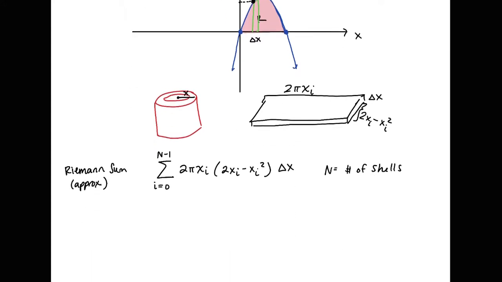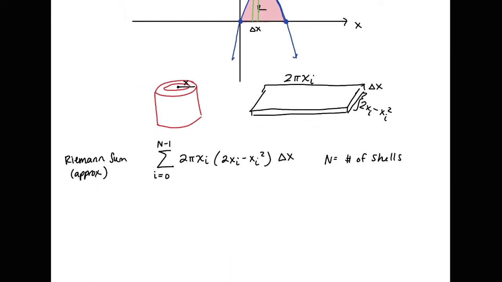Let's go ahead and find the exact volume for the solid, and that will be given by an integral, which is the exact. Okay, so what happens to get from a Riemann sum to an integral? We let the number of shells go to infinity. So as n goes to infinity, the width of each of those shells goes to 0, delta x approaches 0, and we get the integral 2 pi x times 2x minus x squared.